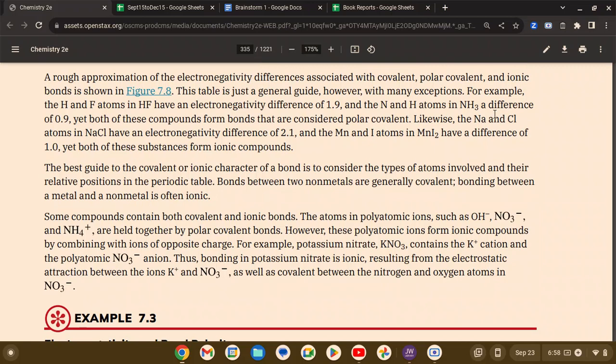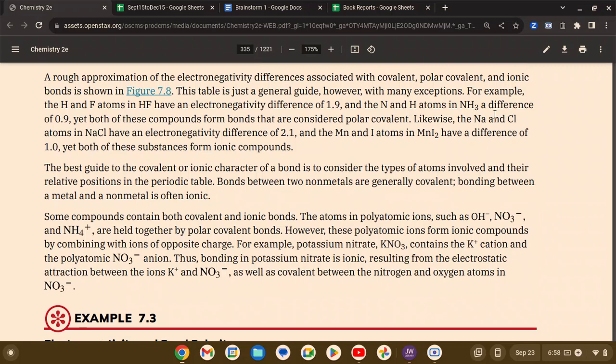For example, H and F atoms in HF have an electronegativity difference of 1.9, and the N-H atoms in NH3 have a difference of 0.9, yet both of these compounds form bonds that are considered polar covalent. Likewise, the Na and Cl atoms in NaCl have an electronegativity difference of 2.1, and the Mn and I atoms in MnI2 have a difference of 1, yet both these substances form ionic compounds.